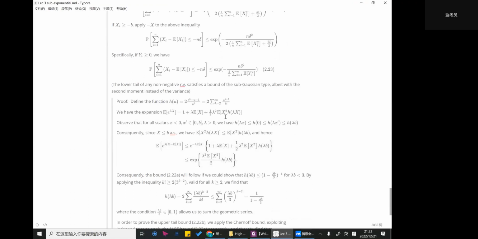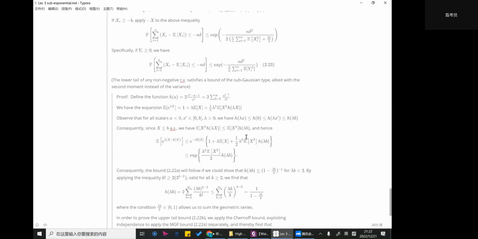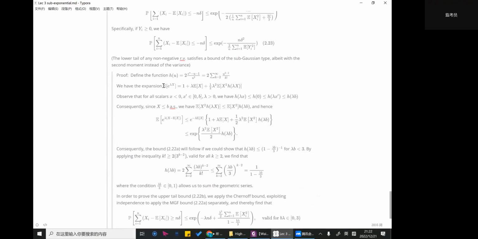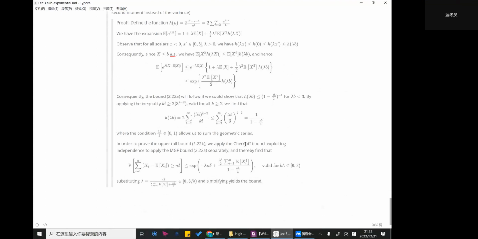well, let me see if I want to talk about this proof in detail. So the author wants to calculate this, and apply the Chernoff bound.